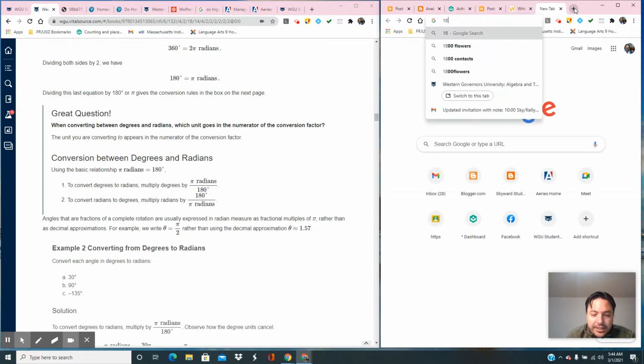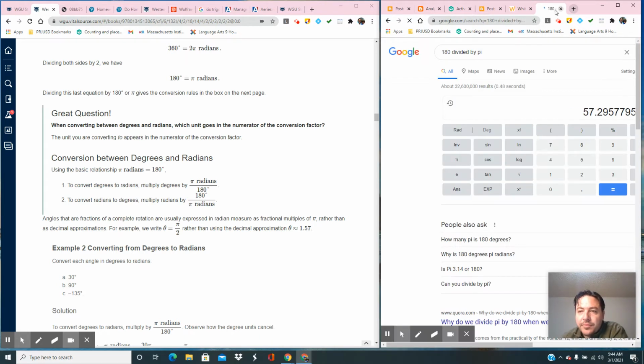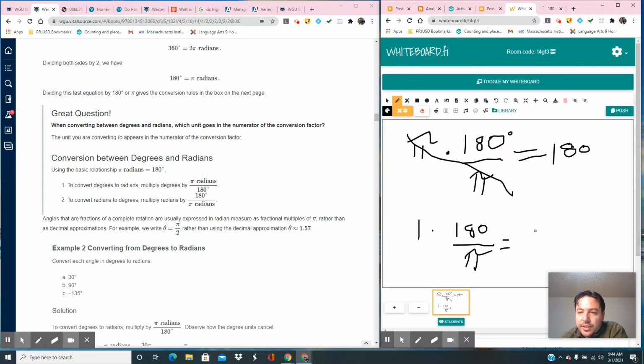So what is 180 divided by pi? 57.3-ish. So that would be 57.3 degrees. That was the important intellectual exercise to go through.